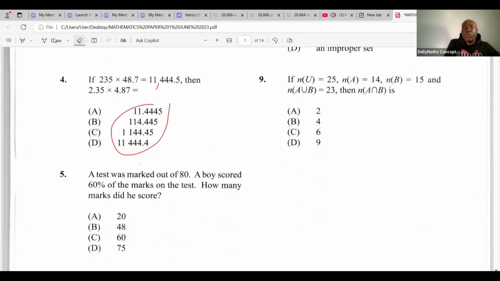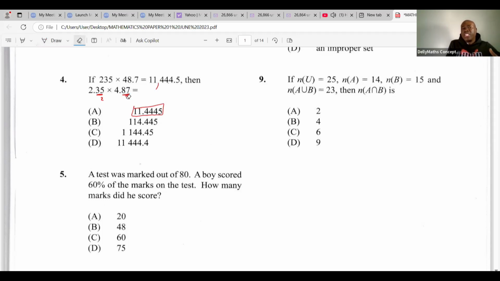So that means we're focusing on the digits. There are two things you could do. One, you could focus on the digits that come after the decimal place. For example, we're looking for an answer with 4 decimal places because we have 2 decimal places here and another 2 here. That means I must see an answer with 4 decimal places. And this would have been the suitable response for that.